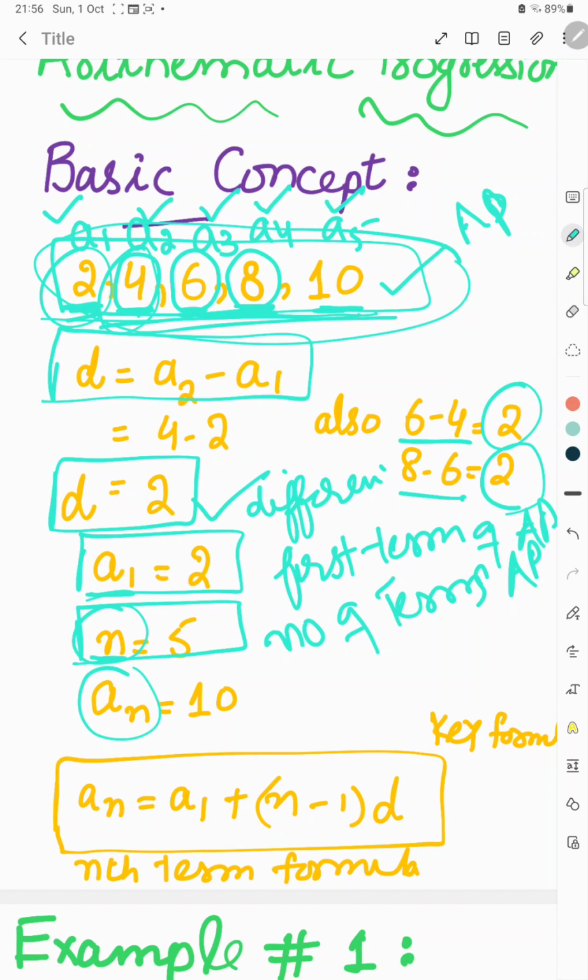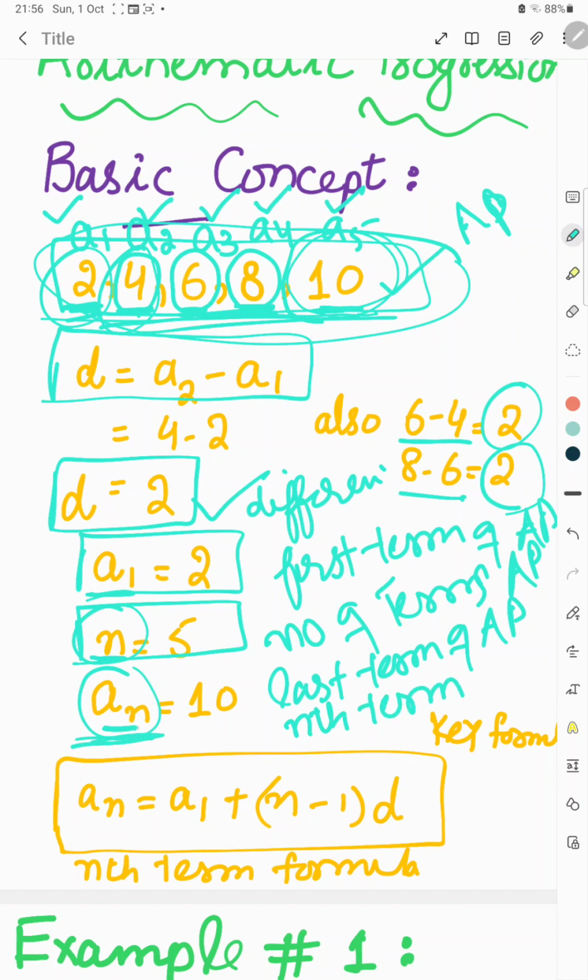So here what is the last term? Here the last term is 10. So the last term is always represented by an, and here an is equal to 10. So always remember an is the last term of the arithmetic progression, and it is also called the nth term. It has two names, nth term or last term, both are for the same thing.